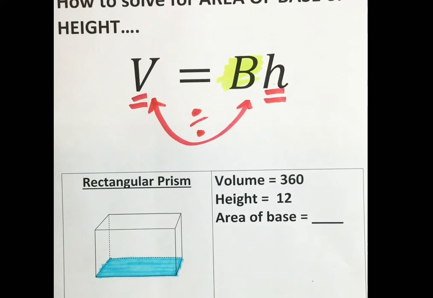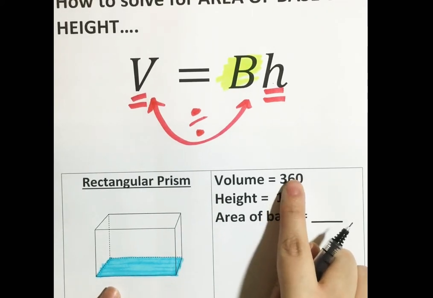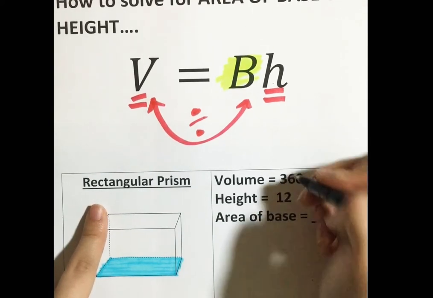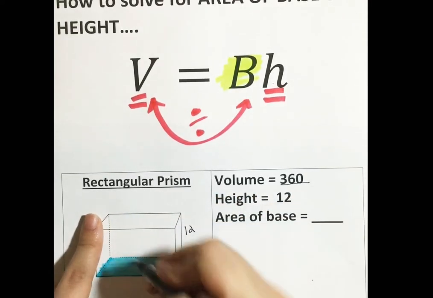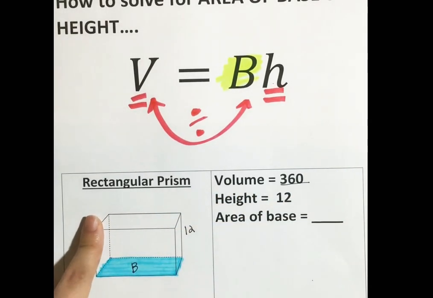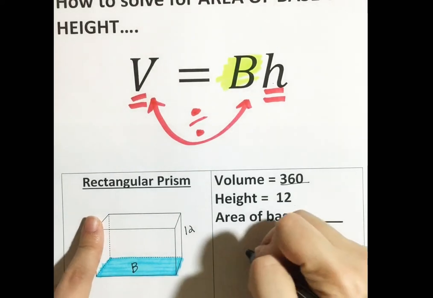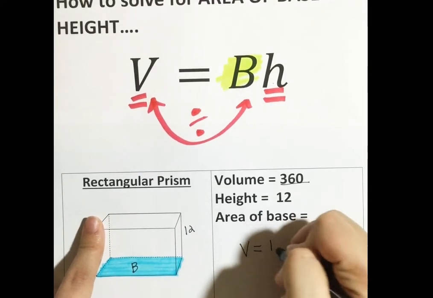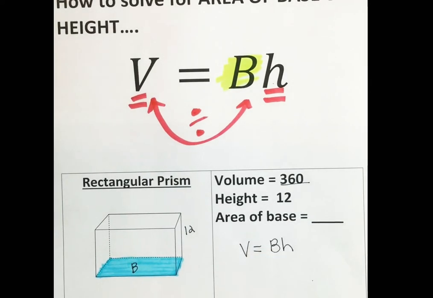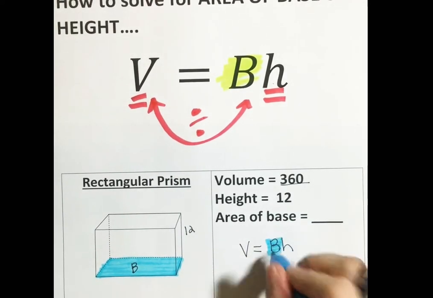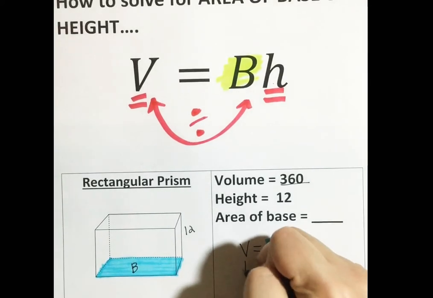Okay, so this one, they're giving me my volume is 360 of the rectangular prism. They're giving me my height is 12, and they want the area of the base. Okay, so start with your formula, organize yourself. So I have volume equals capital B H. Okay, I do not know the area of my base, but go put the values that you know.